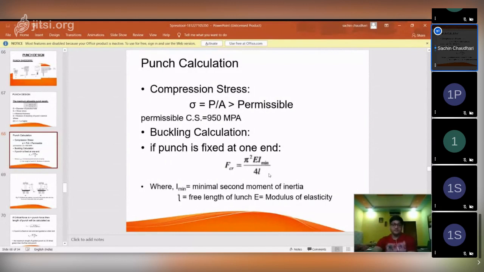So with this formula you can calculate the critical force acting on the punch. Critical force is the force acting on the actual working length of your punch, and whatever force is applied by the ram on the punch is your punch force.